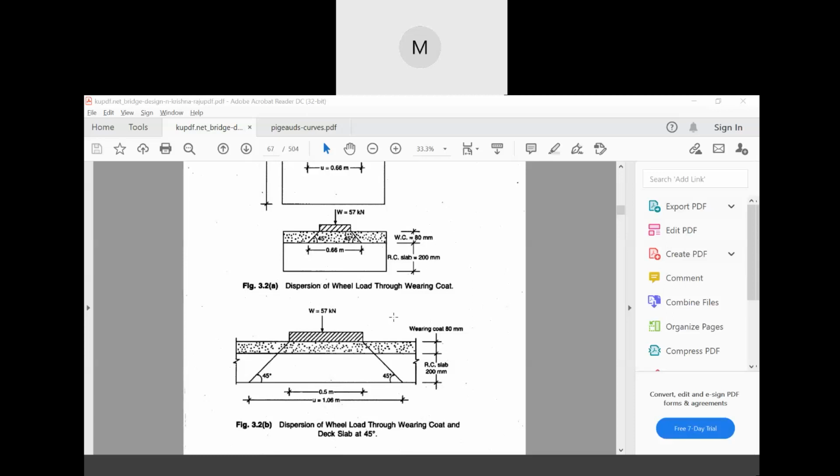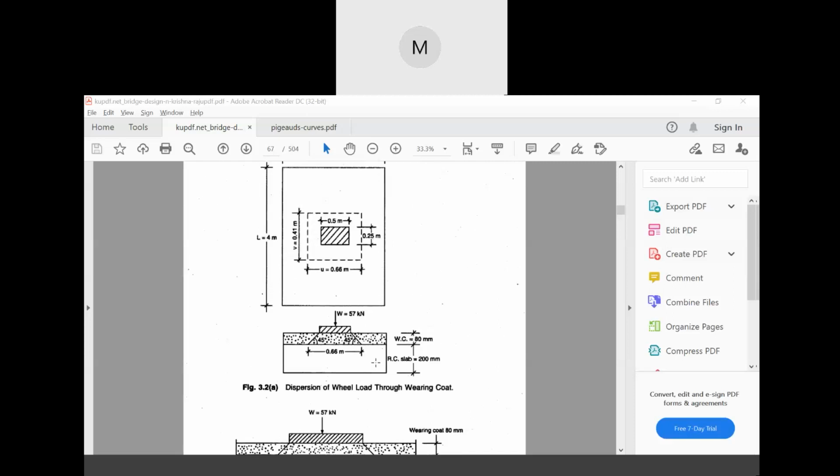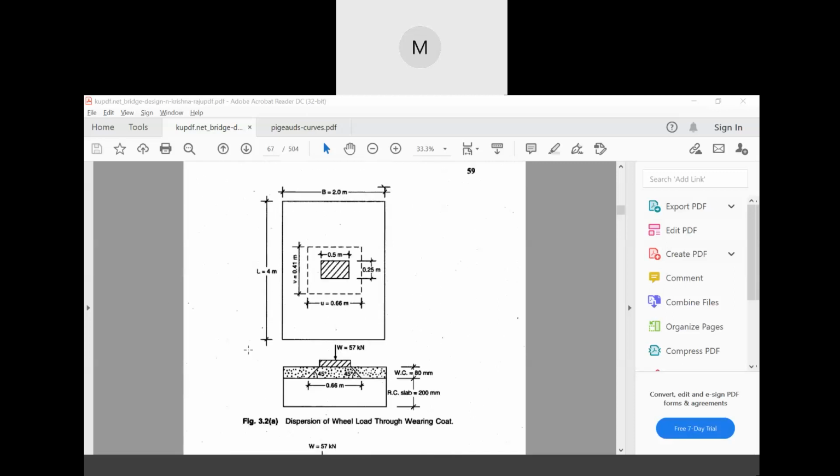So we will basically be having three cases as we discussed. Now case number one will be what? Dispersion of wheel load through wearing coat only. For this purpose, this is the diagram for dispersion of wheel load through wearing coat. Okay, you have to refer to this diagram.